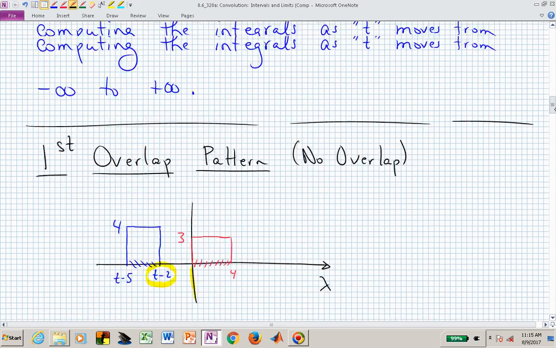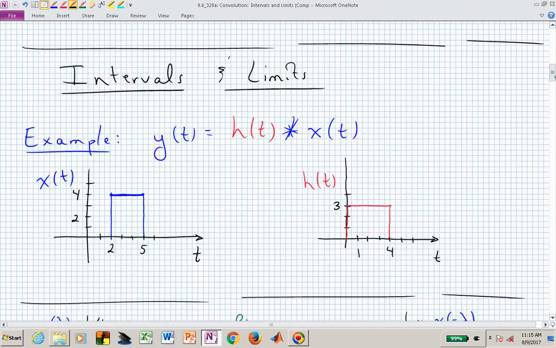And you can see that if you examine this particular system: my impulse starts as soon as I hit the system at time 0 and it finishes at 4. If I don't start hitting this system until 2, I shouldn't expect to see an output before time t equal 2. When I hit this system at 2, I will immediately start to see something ringing in my system because h of t responds.